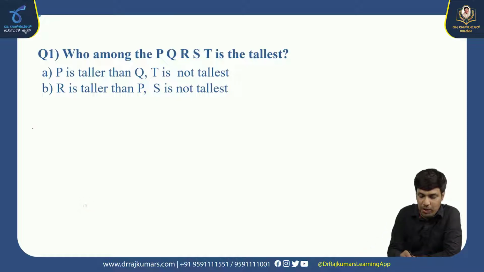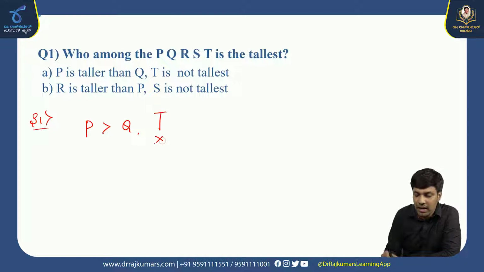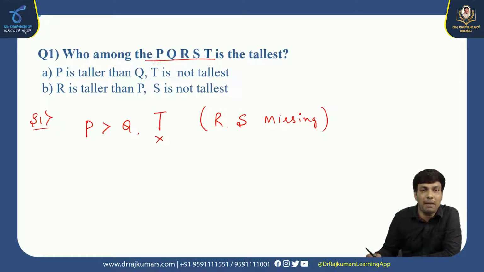From statement 1, we have P is taller than Q and T is not the tallest person. Here R and S parameters are missing. Whenever any parameter is missing in the statement, that statement can straight away be cancelled.